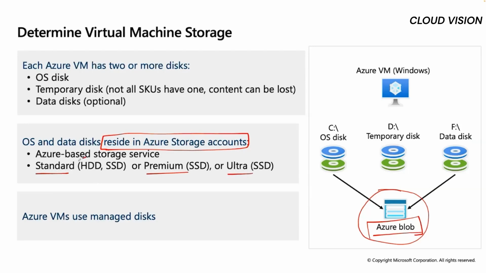The standard typically has server-scale HDD hard drives or SSD. Then you have a premium SSD, which is more high performant. And then you have an ultra SSD, which is extreme performance. And Azure VMs literally use the managed disk option. So that's to be mindful of.